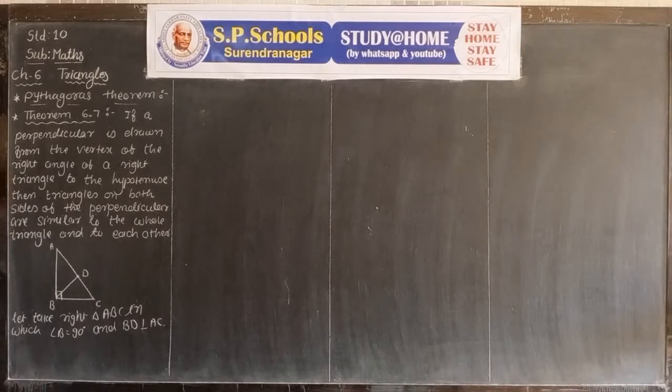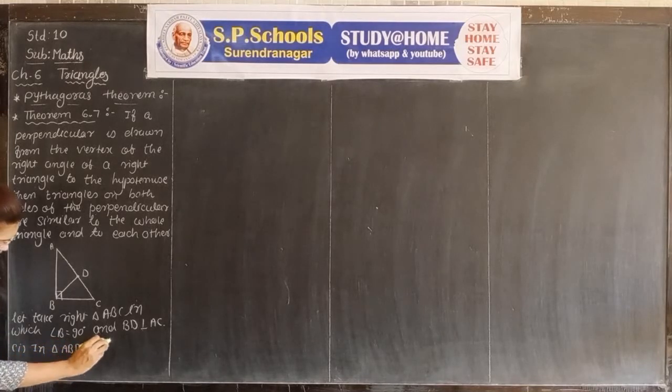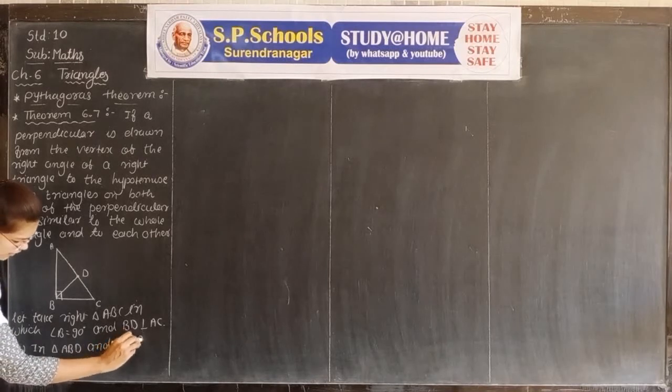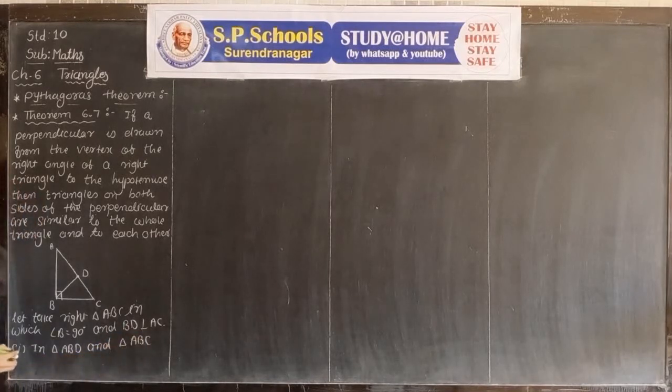First of all we take one smaller triangle and triangle ABC. The first is triangle ABD and triangle ABC. First of all, see that angle A is common between them. Angle BAD is equal to angle BAC.